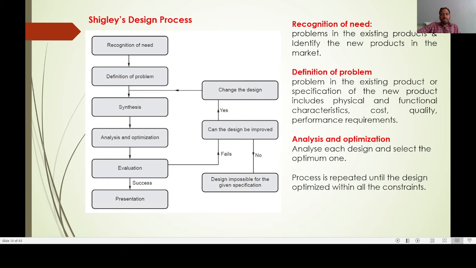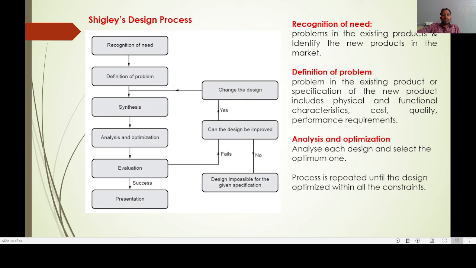So the checklist of the design process contains the following procedures. First one is recognition of need, and second one is we need to define the problem, and analyze and optimize the solution, and evaluation and presentation.